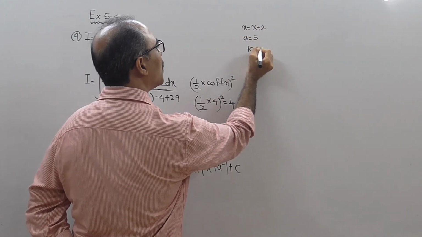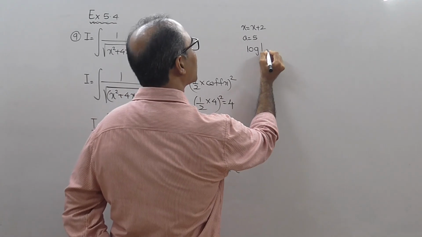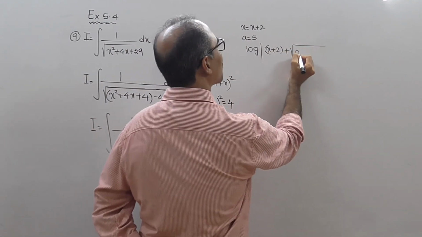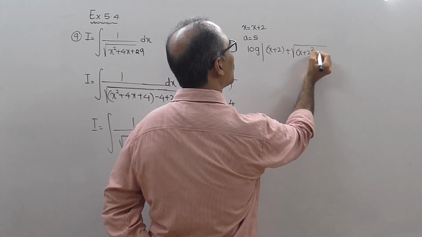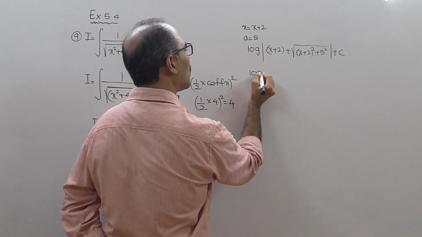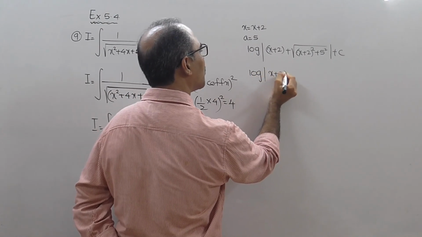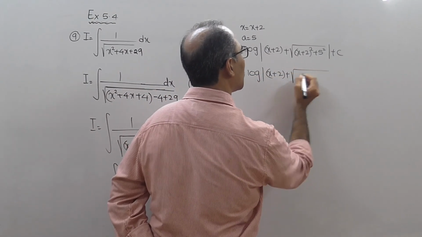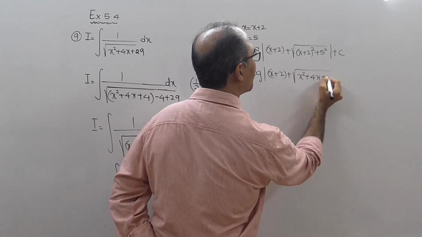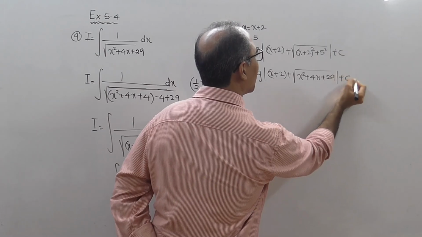So the answer for this will be log modulus of x plus 2 plus root of x plus 2 the whole square plus 5 square, and plus c. So this will be log modulus of x plus 2 plus root of x square plus 4x, this is 4 and that is 25, so it will be 29, and plus c.